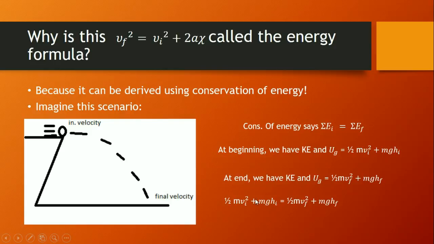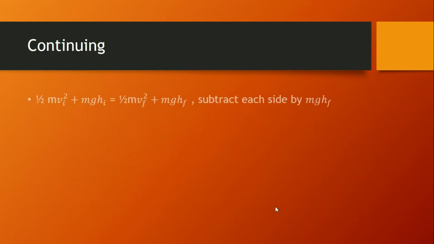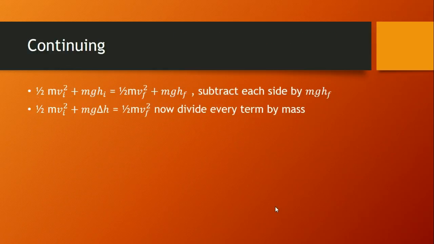If we set these equal to each other, because conservation of energy, initial energy equals final energy, and subtract m g h sub f from each side, now since all of them have a mass, we can cancel that out.